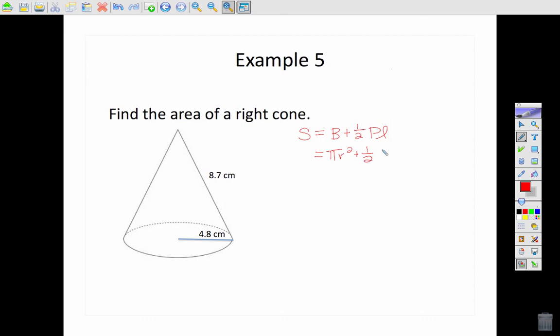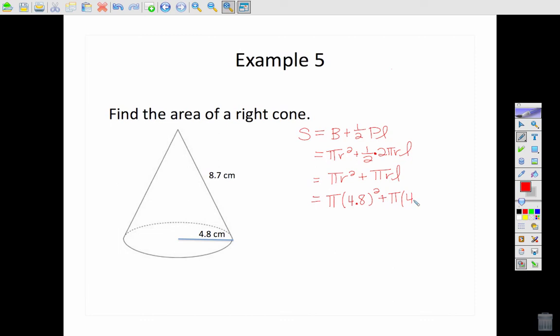So since we have circles involved, we have pi r squared plus 1/2 times the perimeter, which is 2 pi r, times L. And we simplify that down a little bit before we even plug numbers in. 1/2 times 2 is just 1. So there's my formula. And now I can just plug in the values I know.